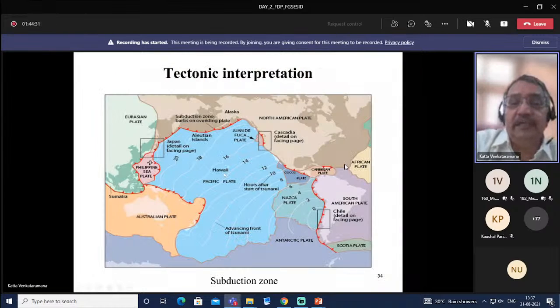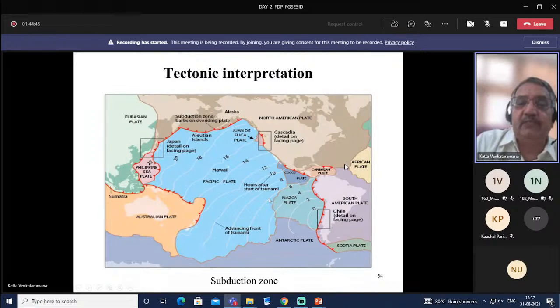This is South America. This is Chile. Due to this 9.5 magnitude earthquake here, tsunamis were generated. Tsunami movement is shown in hours after the start of the tsunami. For example, this is 10 hours, 12 and so on.